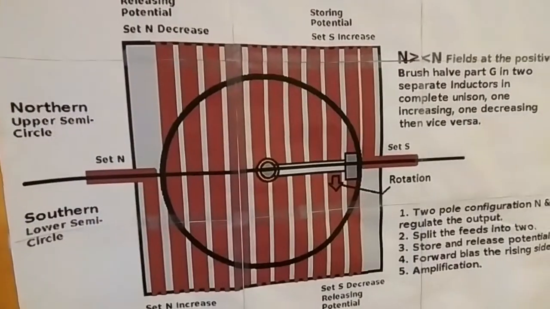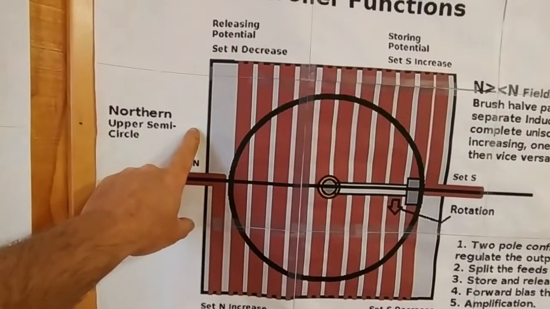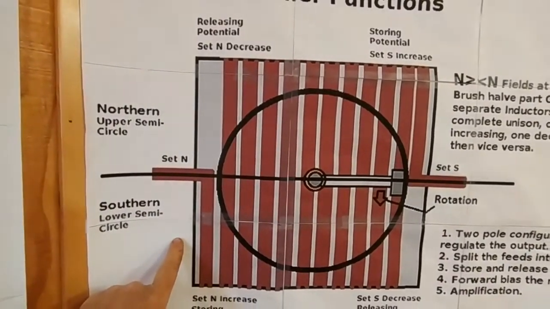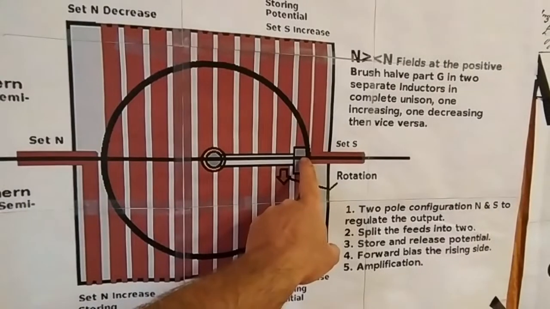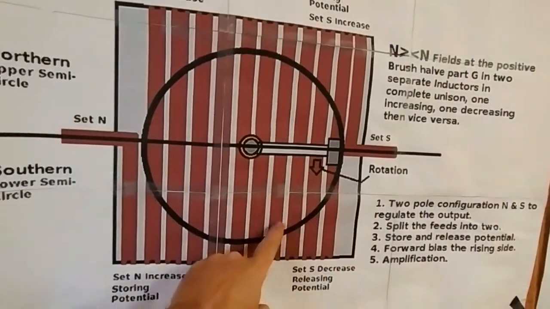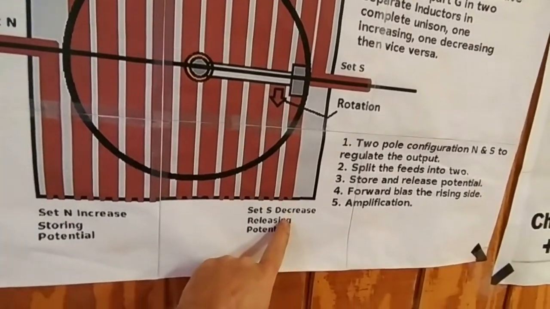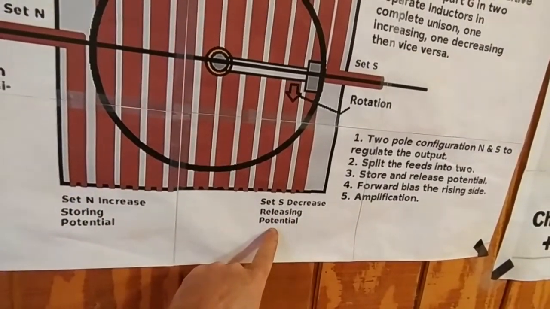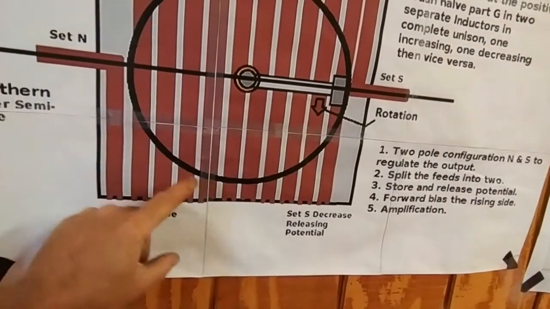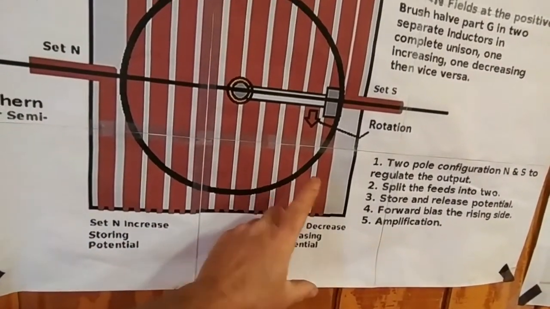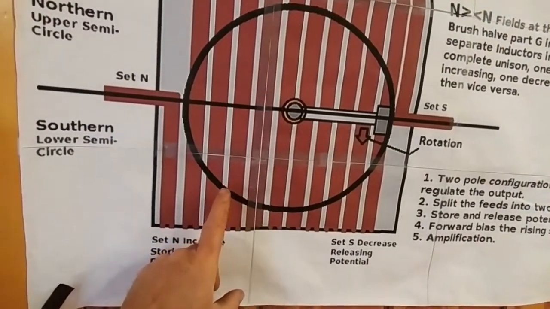And here we have another one of my graphs. This is the northern semicircle, the upper semicircle. This is the lower semicircle. When you have the brush travel, as it's depicted here, and it's traveling this direction, set S is decreasing. It's releasing its potential into the system because you're increasing the opposition, lowering the current. So it's releasing its stored potential into the system.